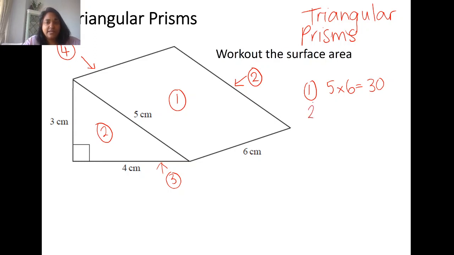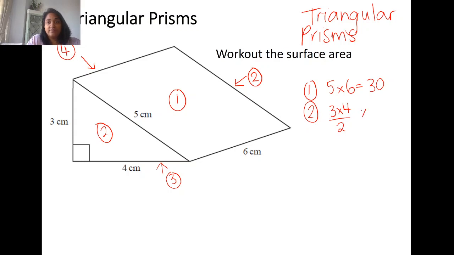So look at the second side. Now, what shape is this? The second side is a triangle, so we must remember to divide by 2 for triangles. So a 3 by 4 rectangle, but it is divided by 2 because it is a triangle. And actually, there are 2 of these.